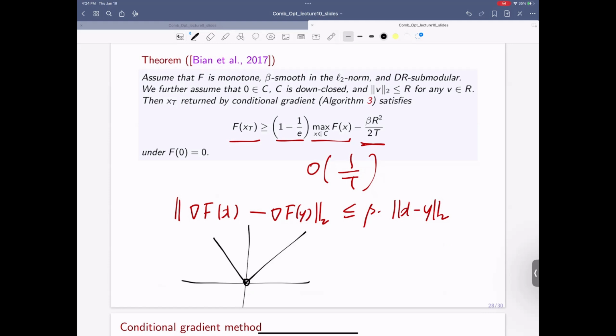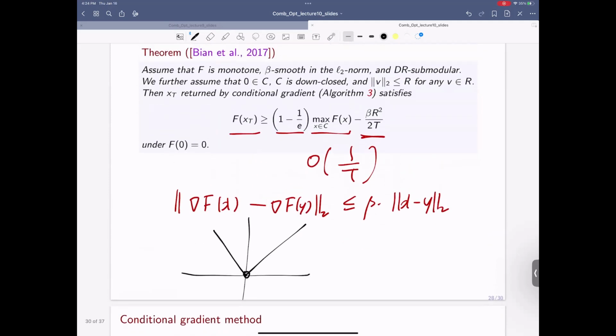Any other question? Yeah, I was going to actually prove this theorem with you, but in fact, the proof is not too difficult. So I have included the proof in the lecture notes.